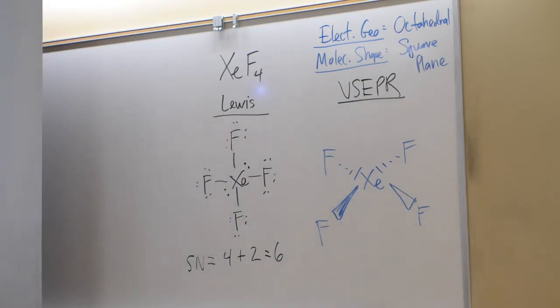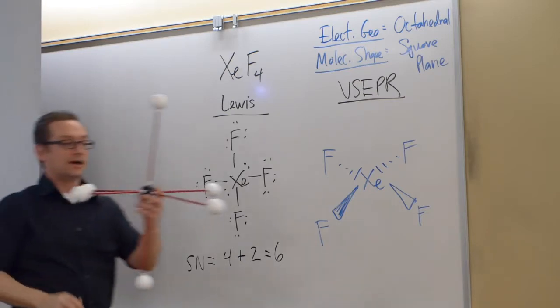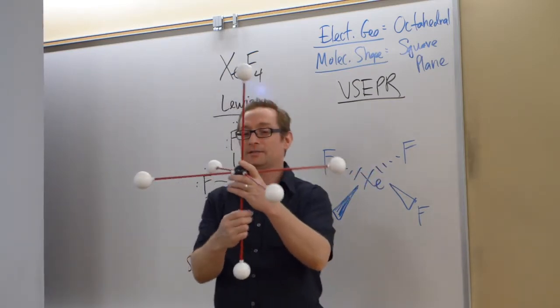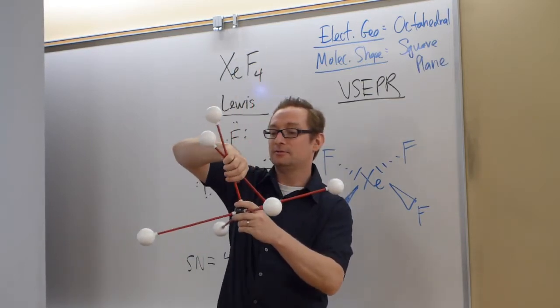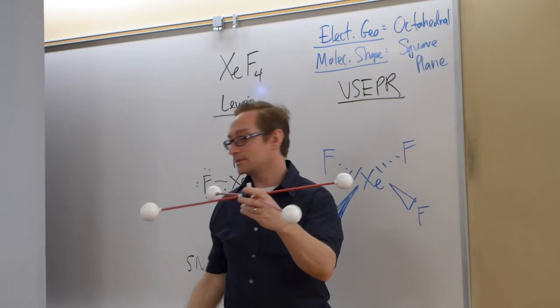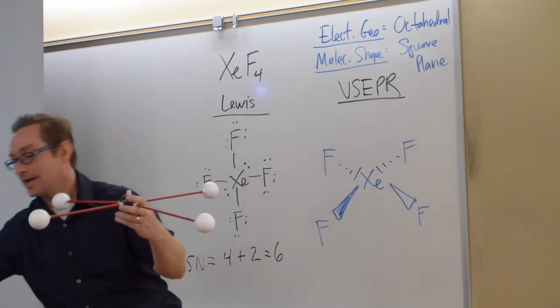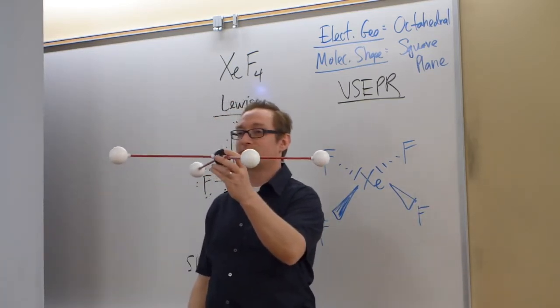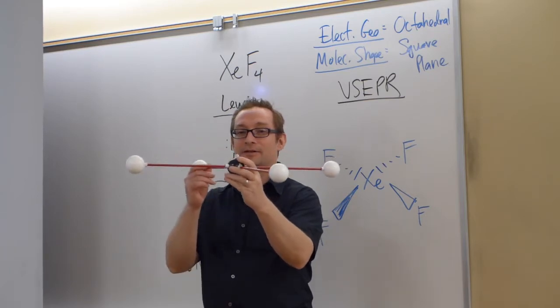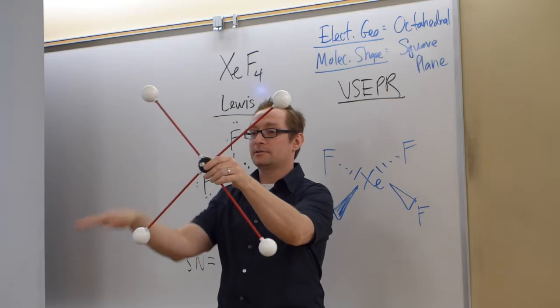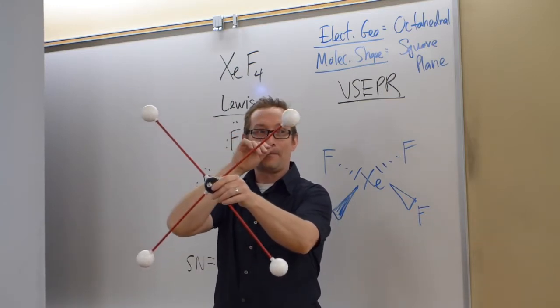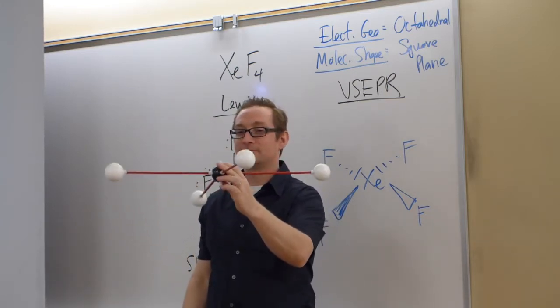Well, if I take an octahedral compound and I add lone pairs to the axial positions, I've got to take off the axial atoms, and what do you have? You've got a planar molecule now, right? It's a plane, and it kind of makes a square.